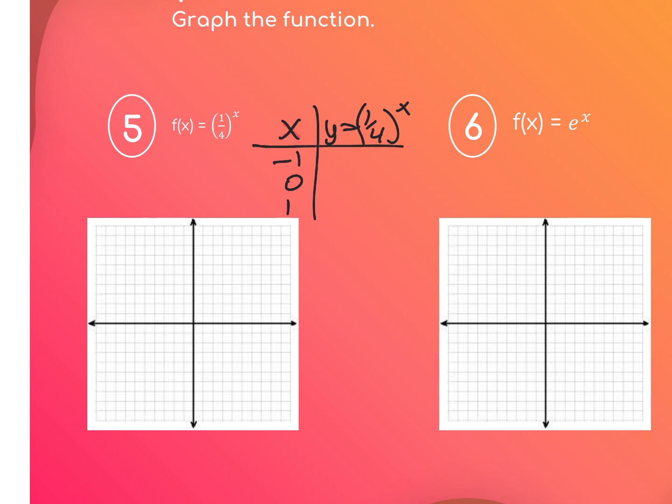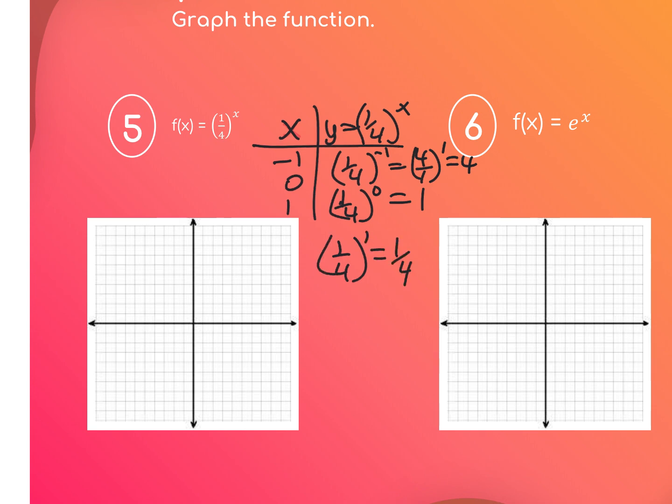So again, I'm going to plug in -1. Again, think reciprocal. Flip it. So this equals 4. Then when I plug in 0, 1/4 to the 0 power is 1. And then when I plug in 1, I just get 1/4. So again, you're memorizing the general shape. You'll draw your asymptote.